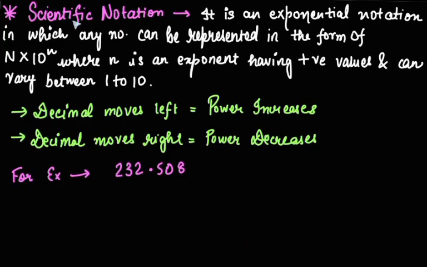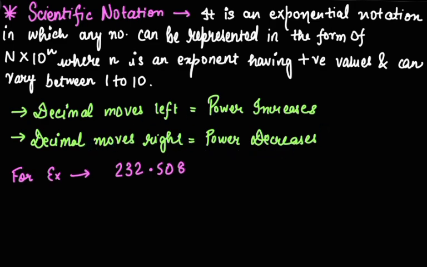Now our next topic is scientific notation. This is an exponential notation in which any number can be represented in the form of N times 10 to the power n, where n is an exponent having integer values and N can vary between 1 to 10. Here we can see that when the decimal moves to the left hand side, the power gets increased, while when it moves to the right hand side, the power gets decreased.